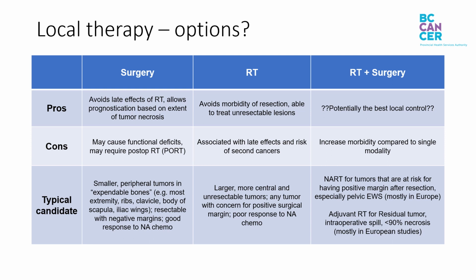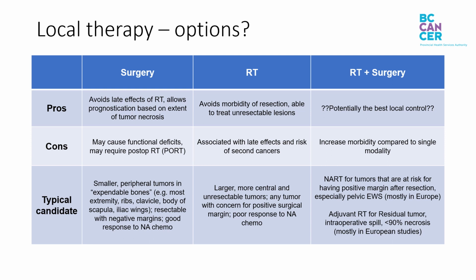Those who could have resection with negative margin and those who had good response to neoadjuvant chemotherapy would be the ideal candidate. Radiation therapy alone as a local control modality is used as well. It avoids the morbidity of resection and is able to treat unresectable lesions. However, some of the risks for radiation therapy are that it's associated with late effects and risk of second cancers down the line.